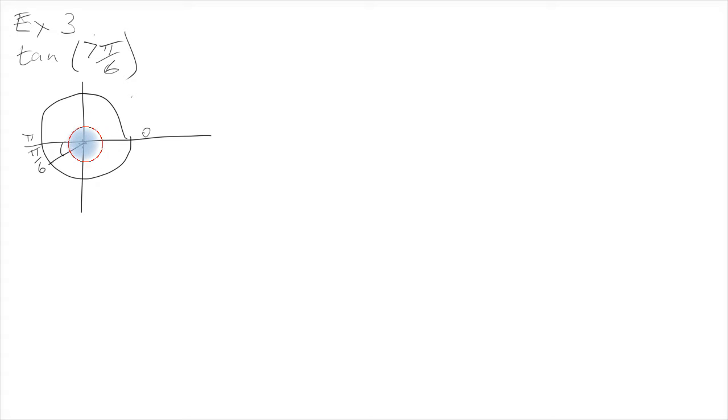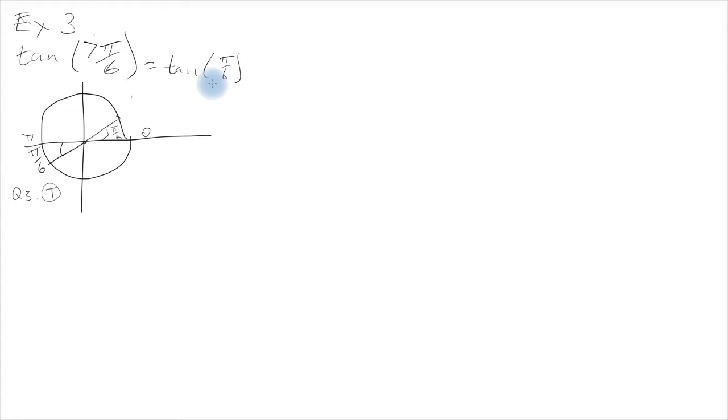Now if we draw the equivalent one here, that would be pi on 6 there. Now the third quadrant, this is quadrant 3, is the quadrant in which tan is positive. So tan of 7 pi on 6 is equal to tan of pi on 6.